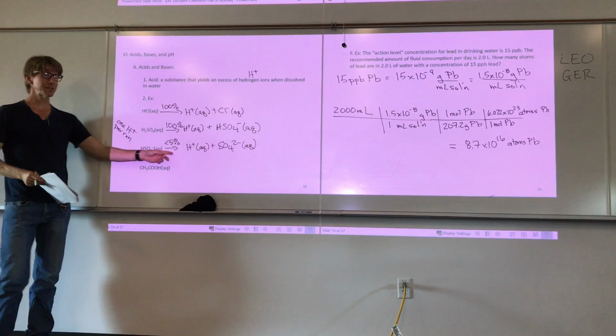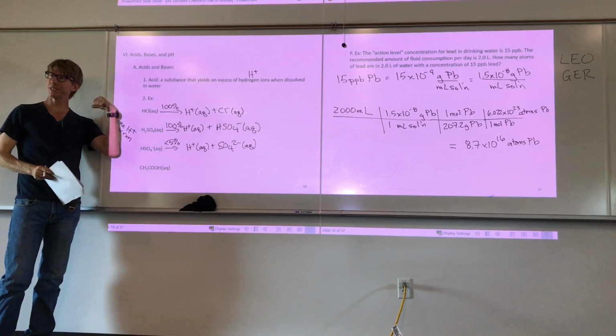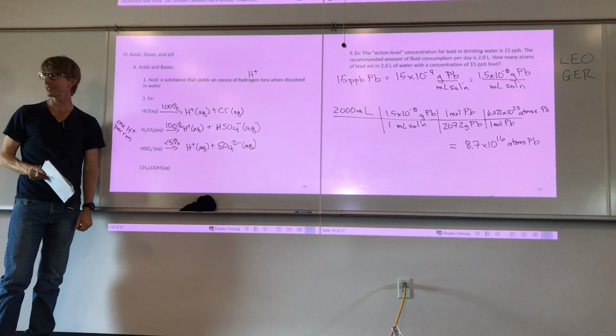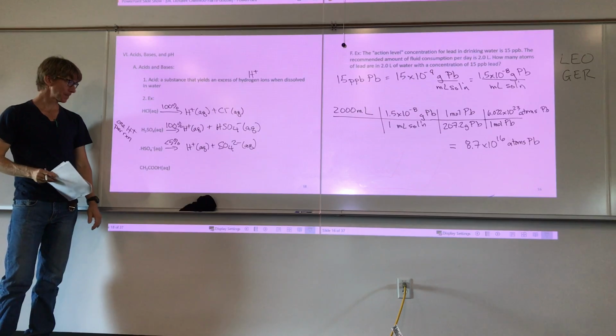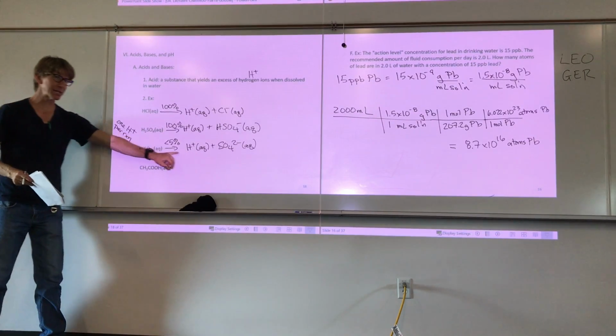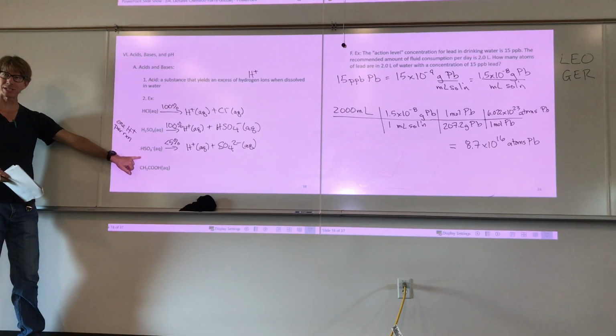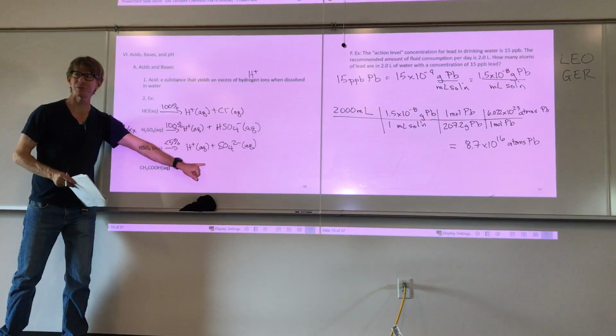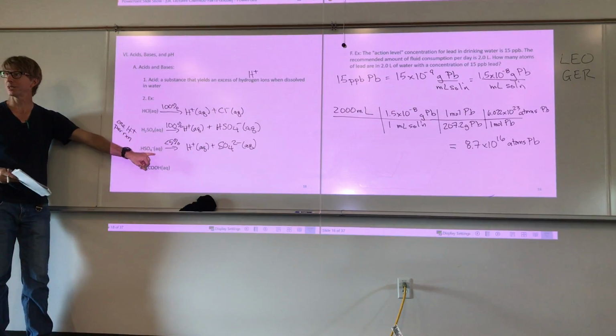And this is a slightly different way of writing it than we did when we talked about weak electrolytes, but it means the same thing. We could also say that this reaction has greater than 95% and less than 5% of each of those. That's another way of saying the same thing.